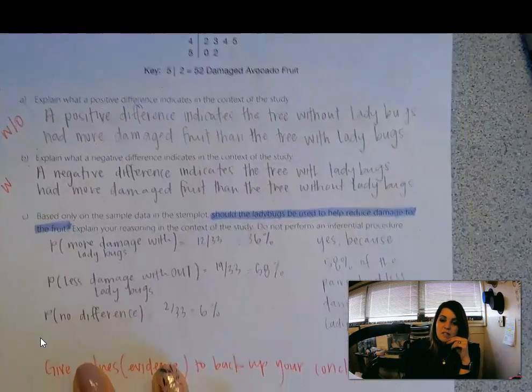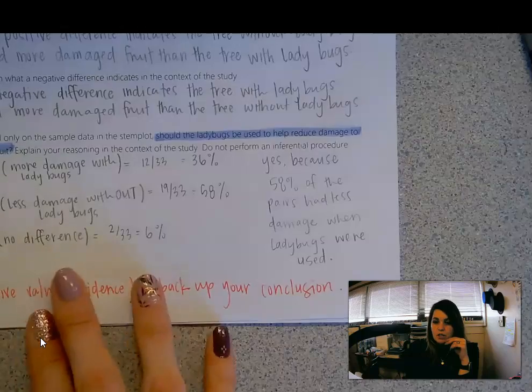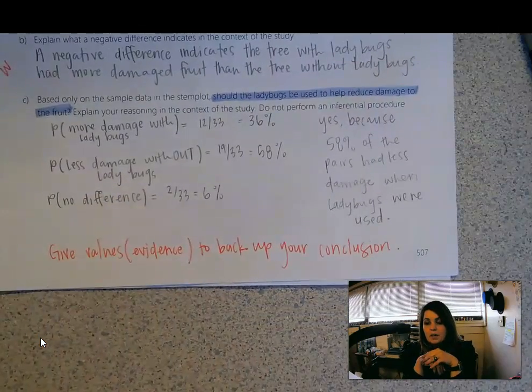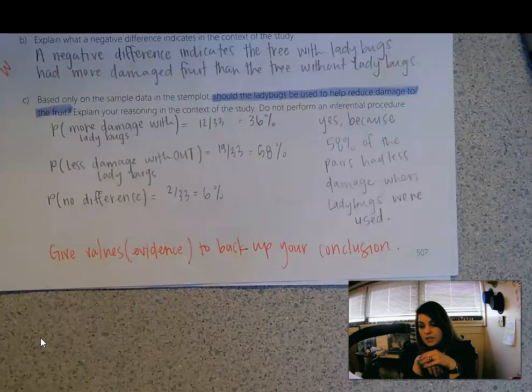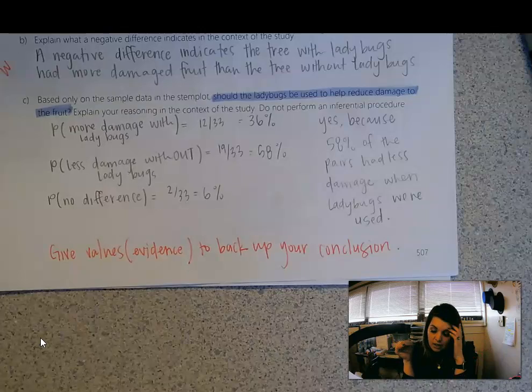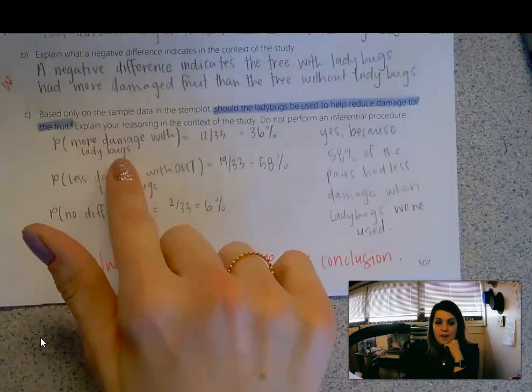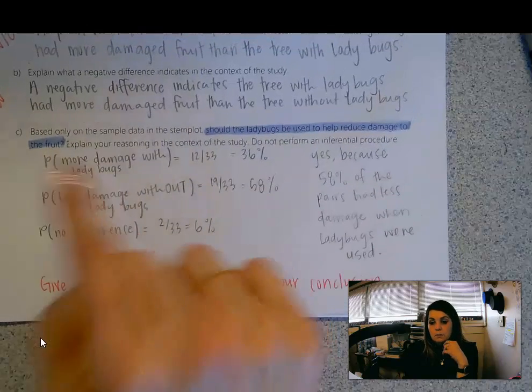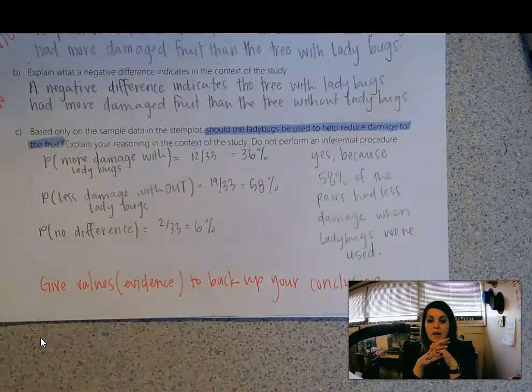And then based on the stem plot, should ladybugs be used? You need to give evidence to back up your conclusion. So you cannot just say yes or no. You cannot say yes because the trees with ladybugs were less damaged. You have to actually give evidence. So I went in and I found out the percent of pears that had more damage with ladybugs.